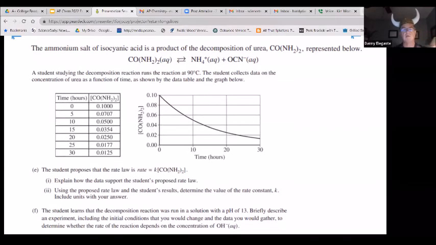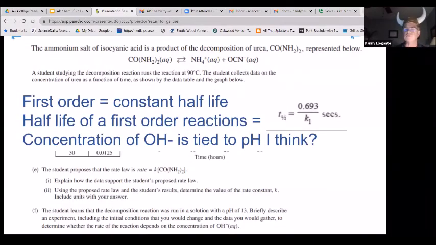We've been doing this all along. For a first order reaction, we know that it's a constant half-life. That's just something you just know. We also know from the reference sheet that the half-life for a first order reaction, T1/2, is equal to 0.693 over K. And this comes right from your reference sheet under kinetics, right?